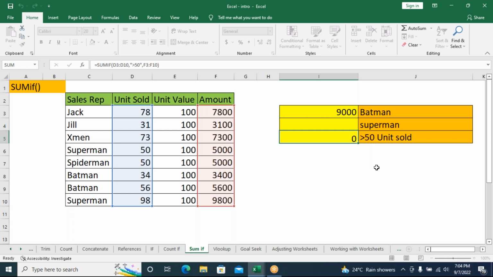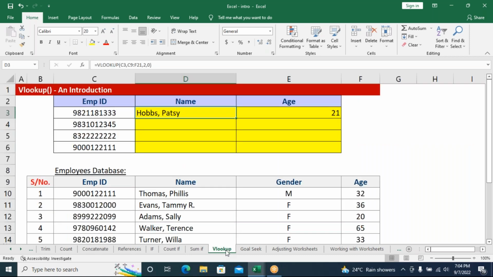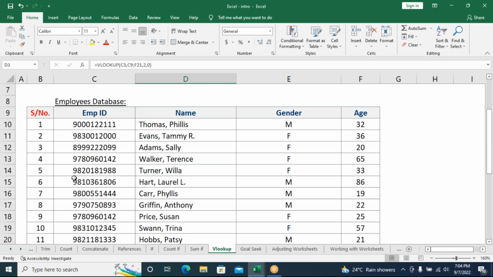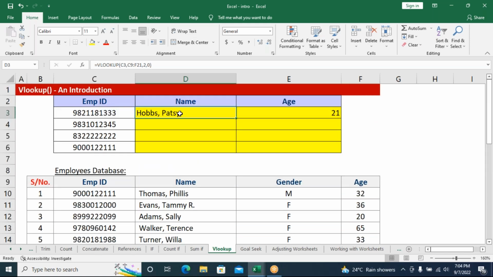VLOOKUP. So VLOOKUP means when I want to look up any particular value. V means vertical lookup. Here I have given my table array. It will go on the vertical axis and search. Here I have given employee ID, name, gender, age. Based on the employee ID, I want to apply the VLOOKUP and check.